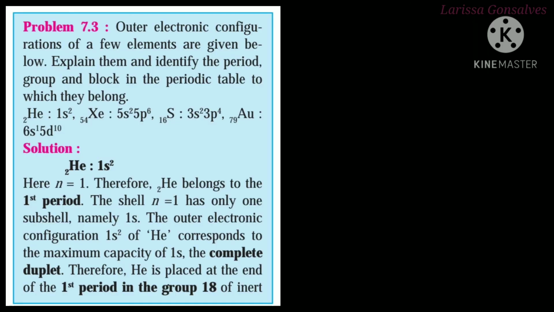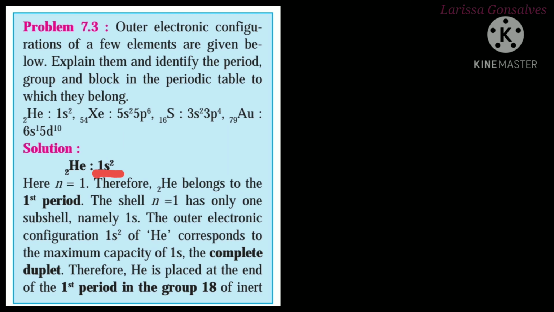Now, with the help of the outer electronic configuration of a few elements, we are going to identify the period, group and block in the periodic table to which they belong. First is helium, which has the atomic number 2 and the outer electronic configuration 1s2. Here the principal quantum number n is equal to 1.